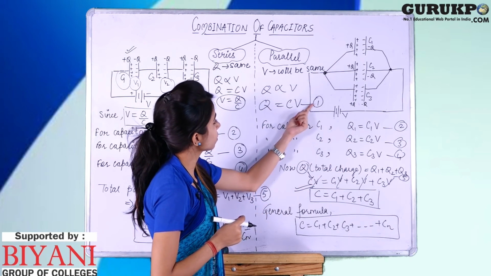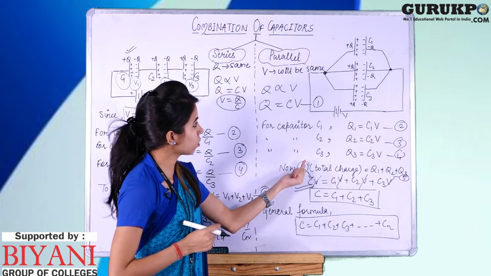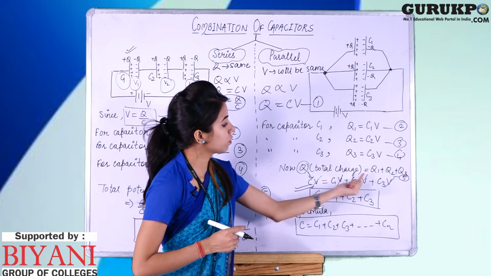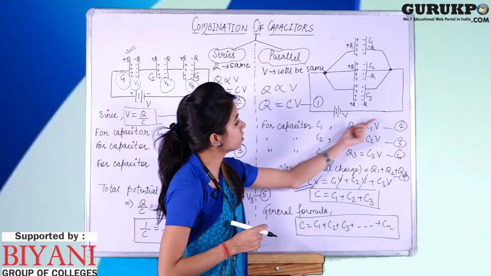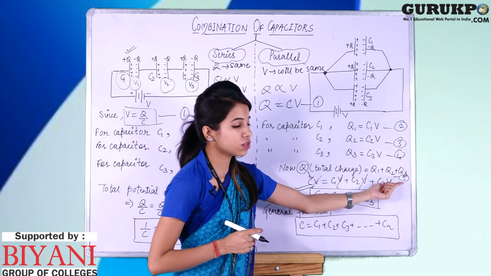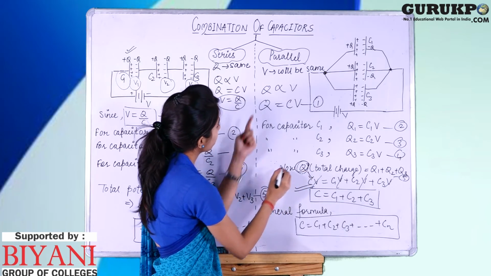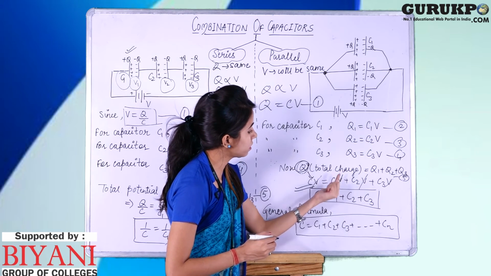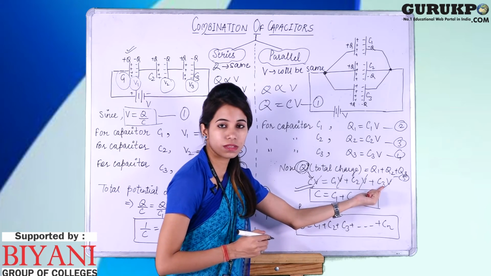Now these are equations 1, 2, 3 and 4. If the total charge flowing in this whole circuit is Q, then Q will be equal to Q1 plus Q2 plus Q3. This is equation number 5. Now using equations 1, 2, 3 and 4 in equation 5, in place of Q we can write CV, in place of Q1 we can write C1V, Q2 as C2V and Q3 as C3V.